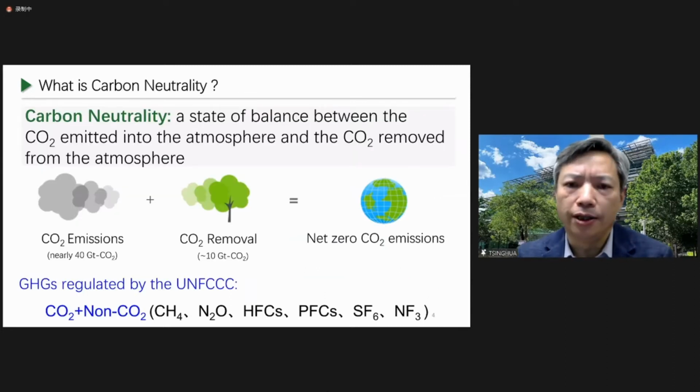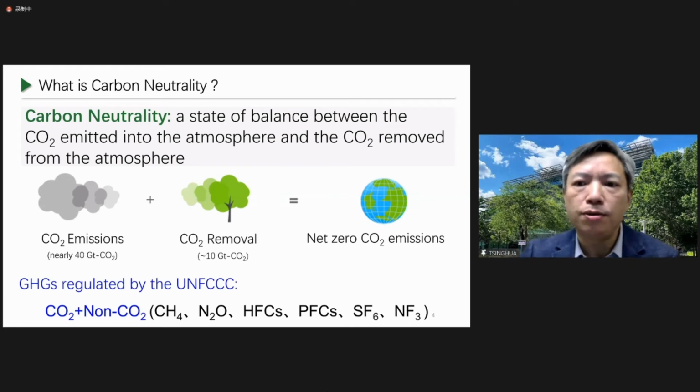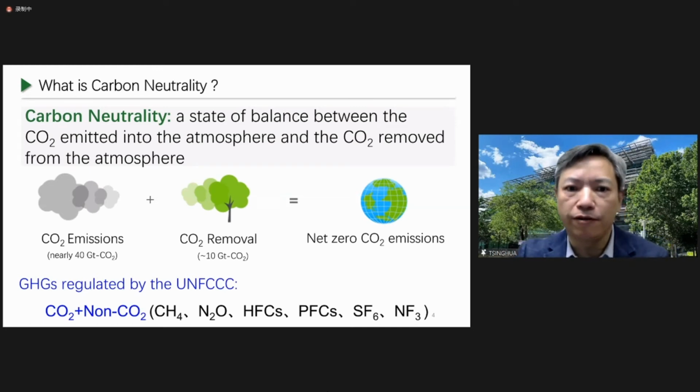What is carbon neutrality? According to the definition of the Intergovernmental Panel on Climate Change, that's IPCC, carbon neutrality or net zero CO2 emissions refers only to carbon dioxide emissions and is a state of balance between the CO2 emitted into the atmosphere and the CO2 removed from the atmosphere.